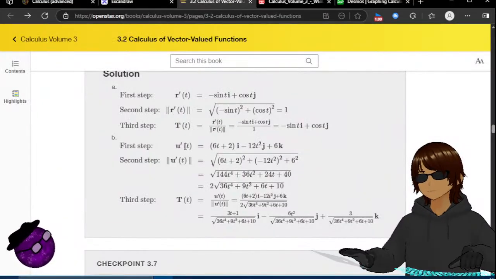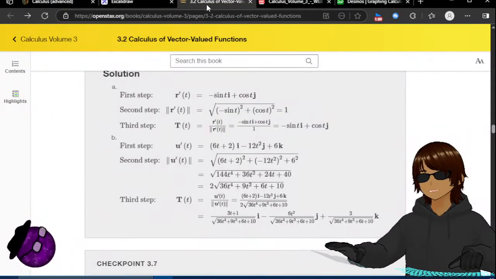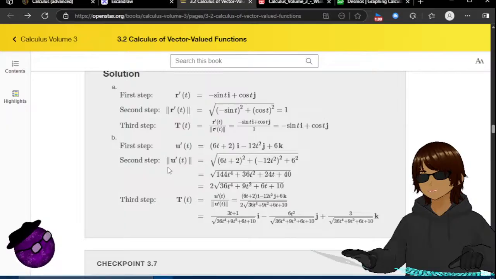So the first step is the derivative. The derivative, I'm guessing, is correct so far. And then the second step is this plus 40. So they took 2 out.